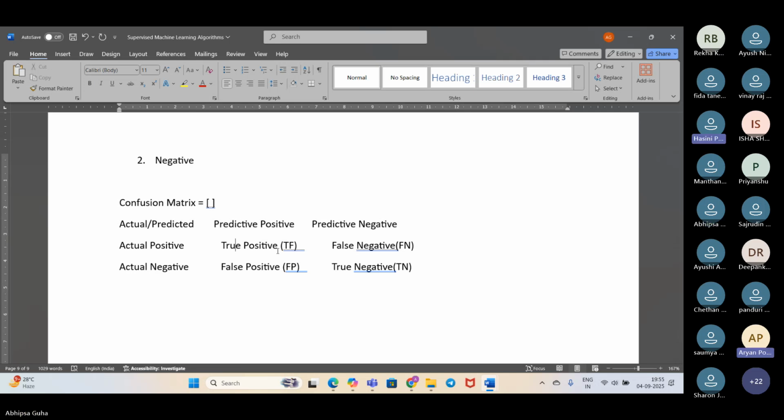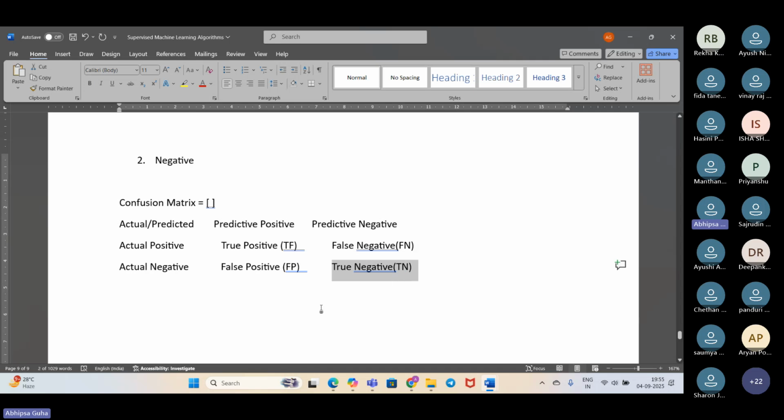Okay. So what is false positive? When the model predicts diabetes, but actually the patient was healthy, the patient does not have diabetes. That is false positive. Next is true negative: the model correctly predicted no when the patient is healthy.